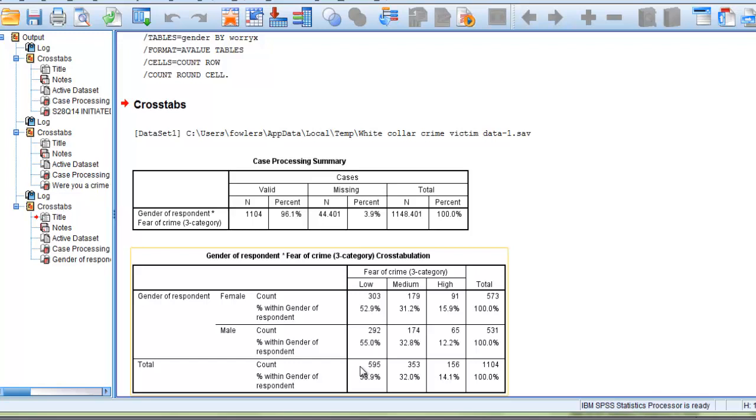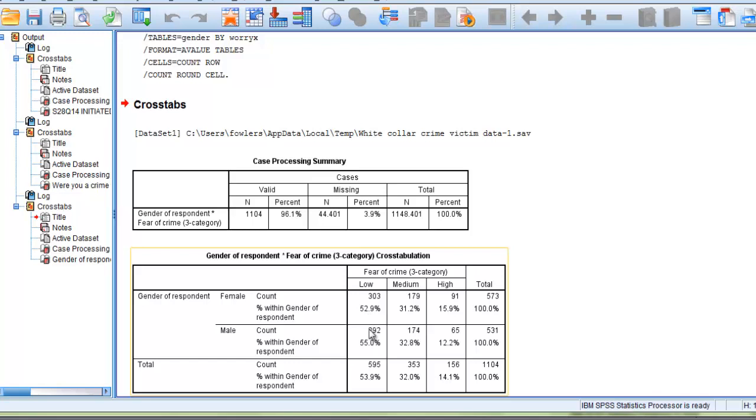So in fact, I would accept the null hypothesis here. The null hypothesis being that there is no difference between men and women in fear of crime, and our research hypothesis was a one-tailed hypothesis that women are more fearful of crime. And so even though they're slightly more fearful in the high category, they're less represented in the low category, which also supports the hypothesis that women are more fearful of crime.